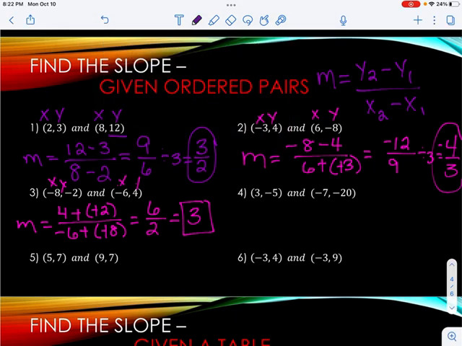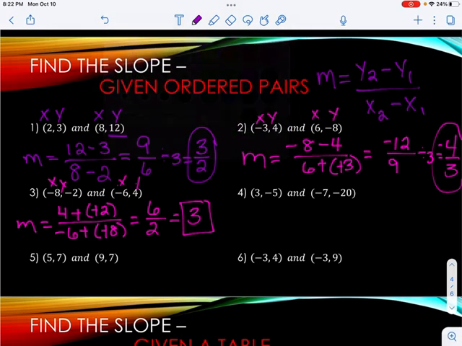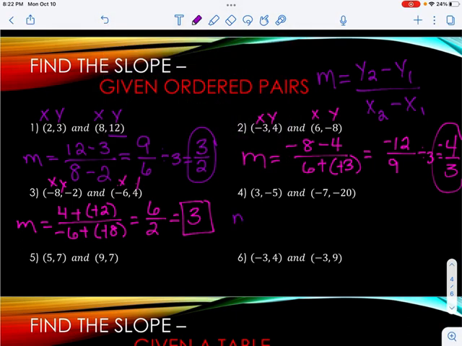Okay, let's try the next one here. So on this next one, we come in and we say, okay, I've got x, y, x, y. And I'm just going to start with the negative 20. So negative 20 minus negative 5 over negative 7 minus 3. So I start in and I say, okay, minus a negative is plus a positive.